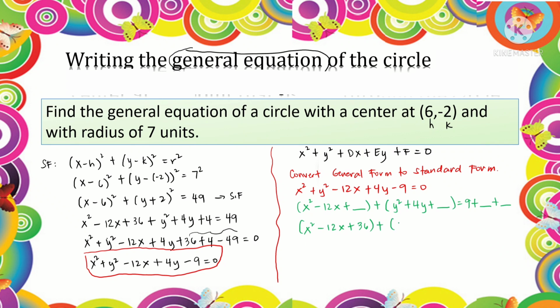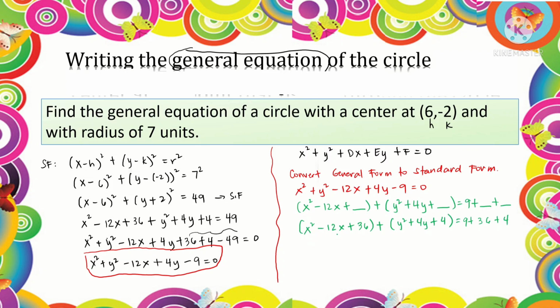Plus y squared plus 4y plus, half of the middle term is 2. Take the square, 4. So we added 36 and 4 on the left side. We will have to add it also to the right side. 9 plus 36 plus 4.